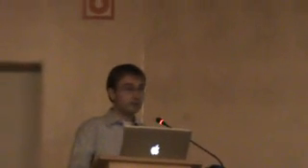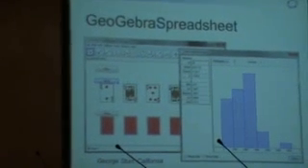The spreadsheet, you have probably seen the spreadsheet in GeoGebra 3.2, which is already available. But we want to improve the spreadsheet just to make it easier to create things like histograms and simple statistics, so there will be wizards. You can just click on a special tool to get a histogram.